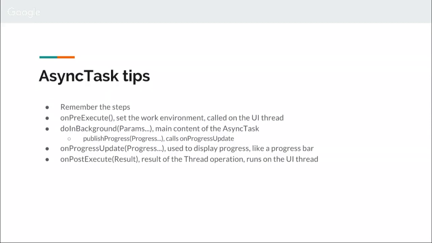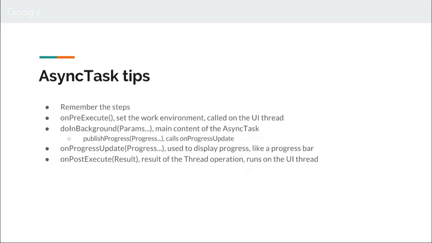You have onPreExecute. We don't use it right here, but onPreExecute can set up the environment or maybe show a progress dialog while you are reading the needed information for the thread to run. doInBackground is the actual thing that we want to run, and it's the reason we call it an async task, right? doInBackground has a publishProgress method that we can call to publish the progress into the UI thread, and you do it by calling this.